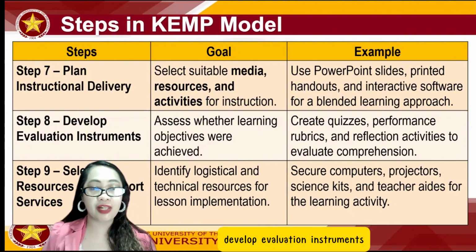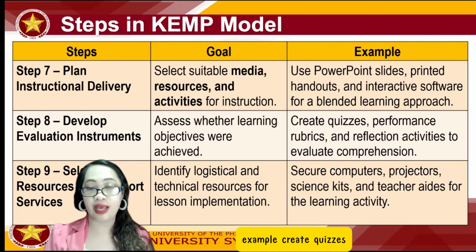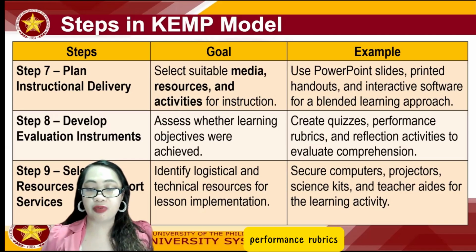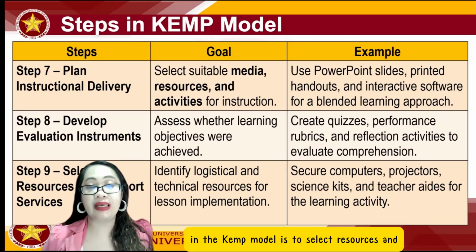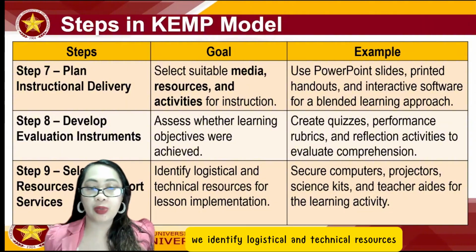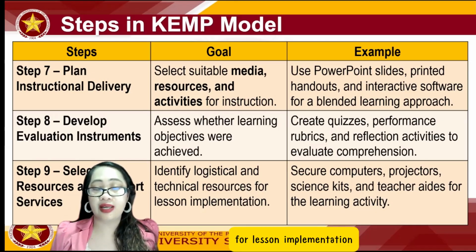Then step 8, develop evaluation instruments. We assess whether learning objectives are achieved. Example, create quizzes, performance rubrics, and reflection activities to evaluate comprehension. And the last step in the Kemp model is to select resources and support services. Here, we identify logistical and technical resources for lesson implementation.